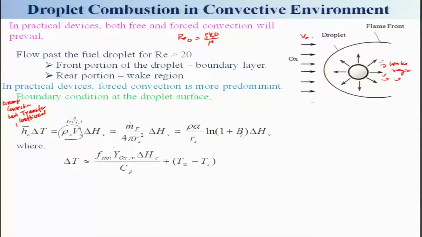This is the amount of heat which will be generated due to the flame front, and this is the heat which will be coming from Ts, which will also be convected. Therefore, this is the driving potential for convective heat transfer, because without a temperature gradient you cannot have convective heat transfer.